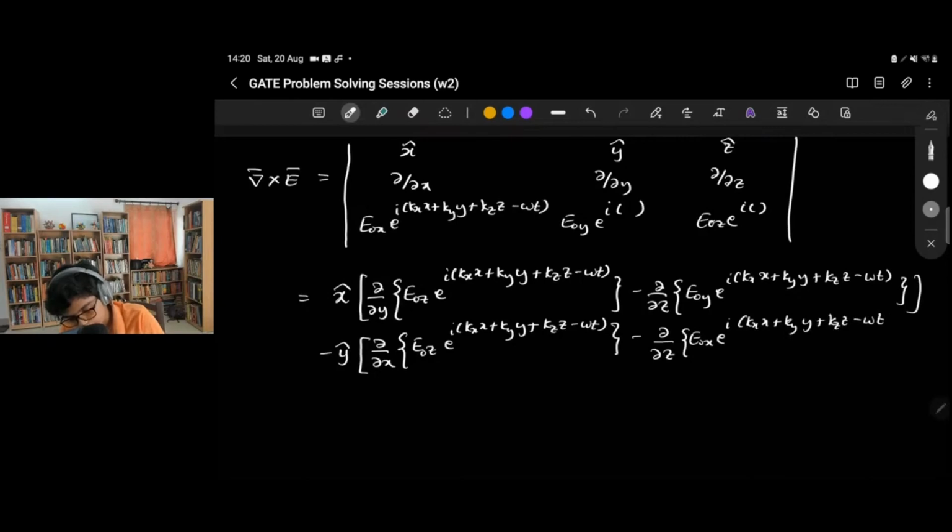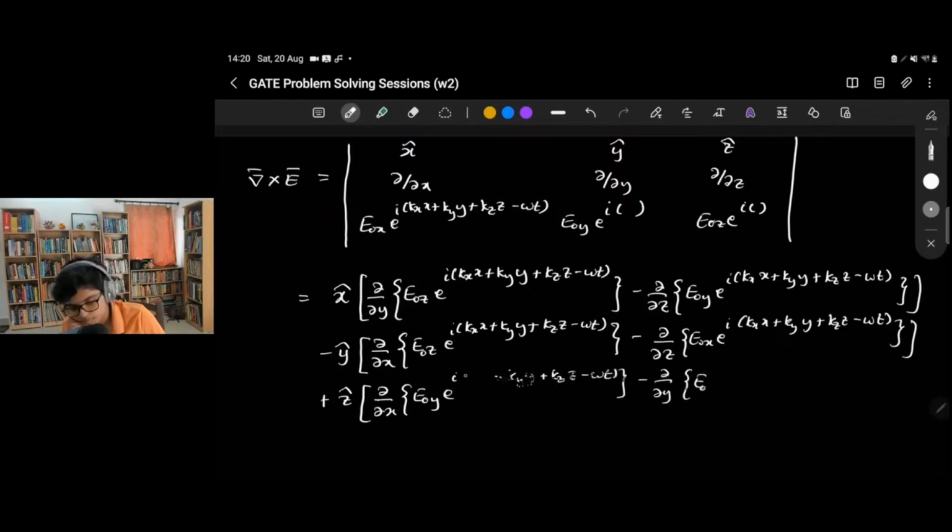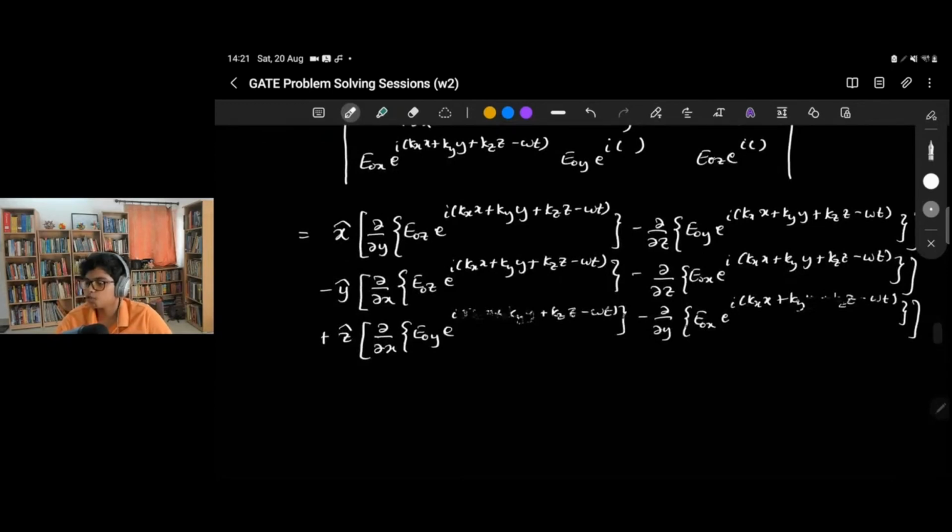And finally, you have the last term, which is with z cap. So this is the expansion of the determinant to find curl of E.